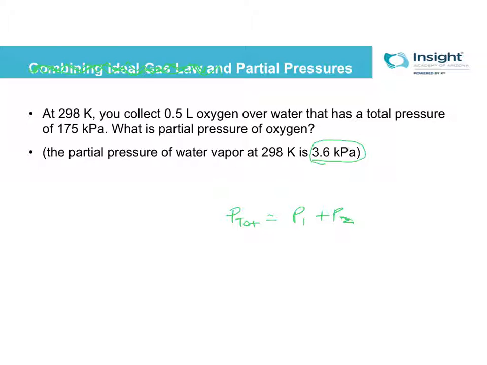What do you think you do? You've got 175 equals the oxygen plus 3.6 kPa. So your O2 is going to be 175 minus 3.6, which is 171.4 kPa.